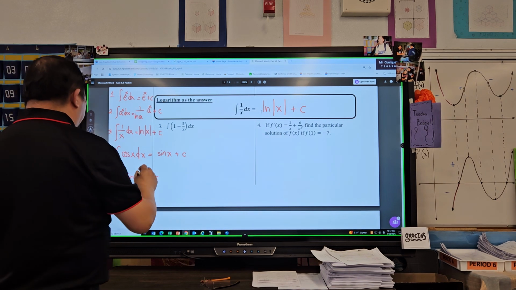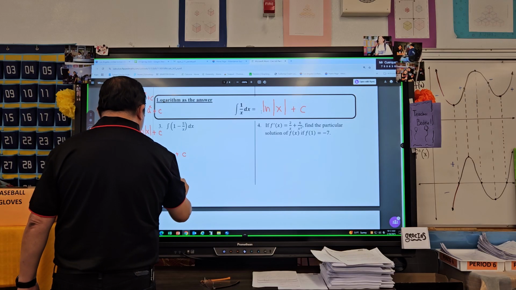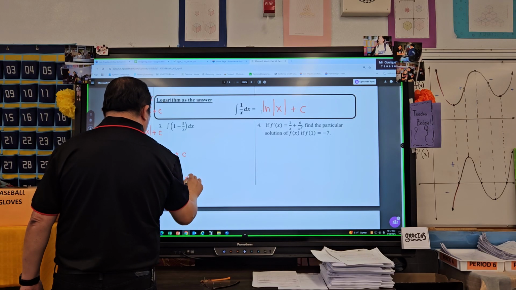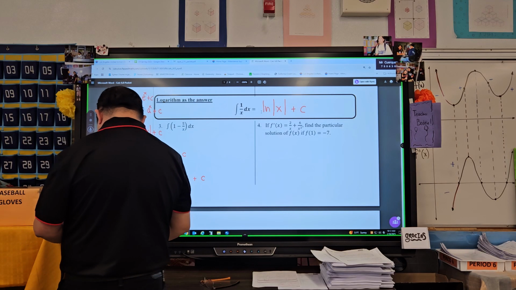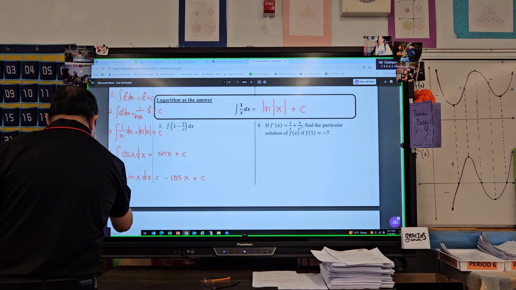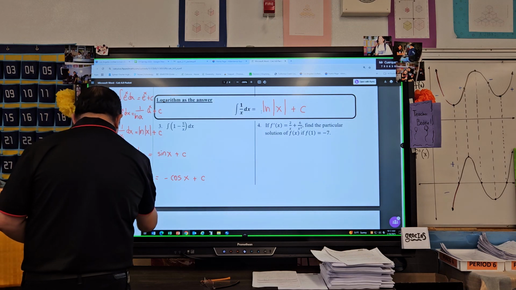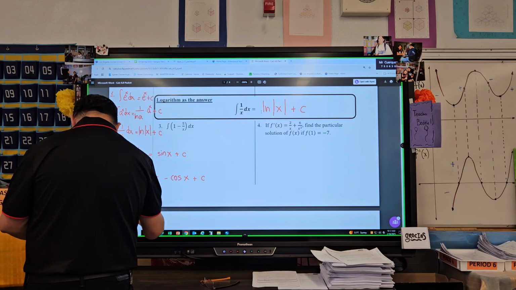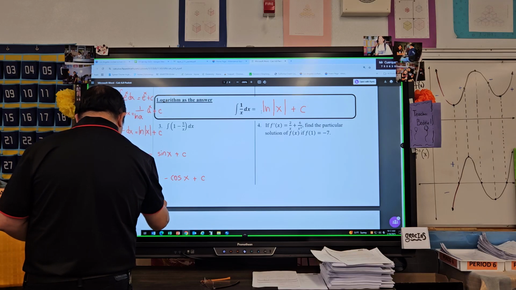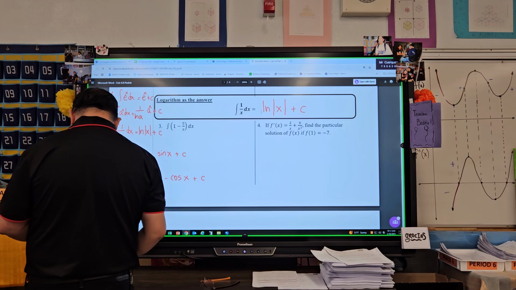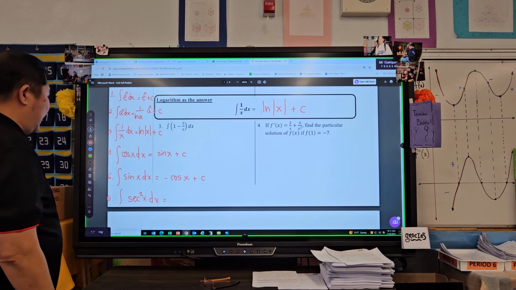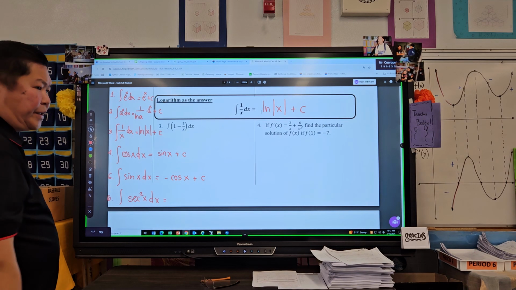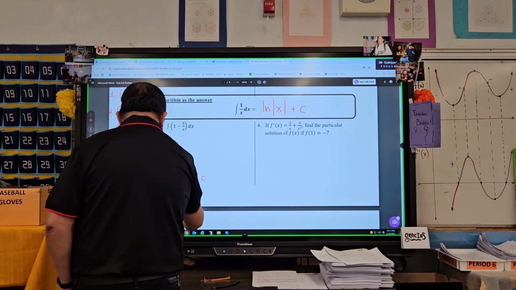So negative cosine x plus the constant. Next, formula number 6. The integral of secant square x dx is going to be tangent x plus c.